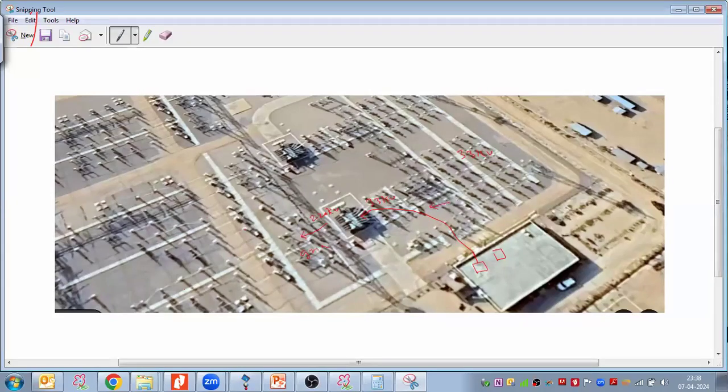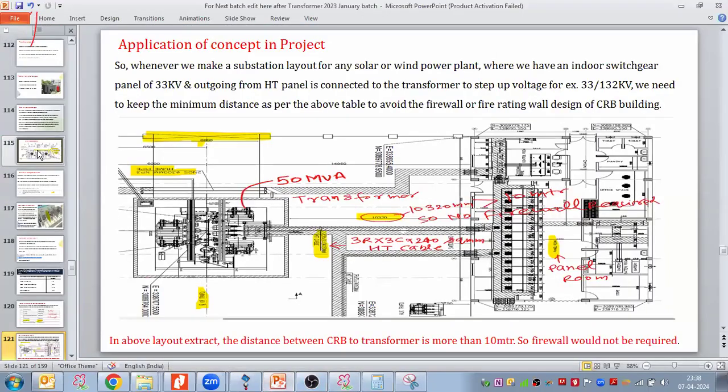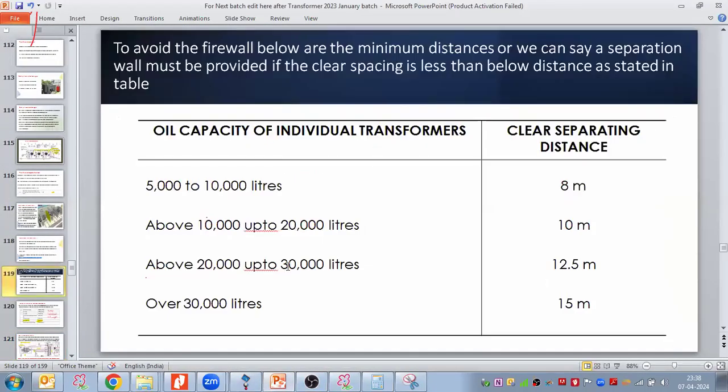Since here we are using 33 kV cable, this cable is costly. We want to optimize the spacing between the room and the transformer. In that case, we have to check what the transformer oil capacity is, and then refer to this table.